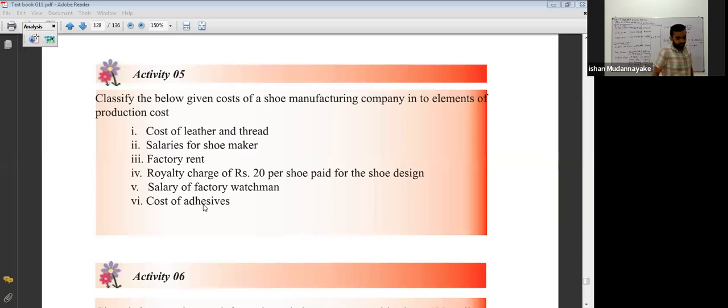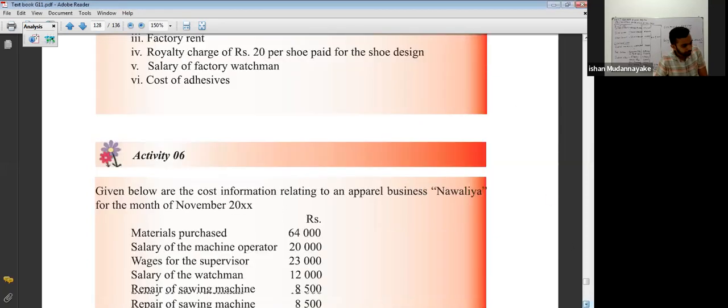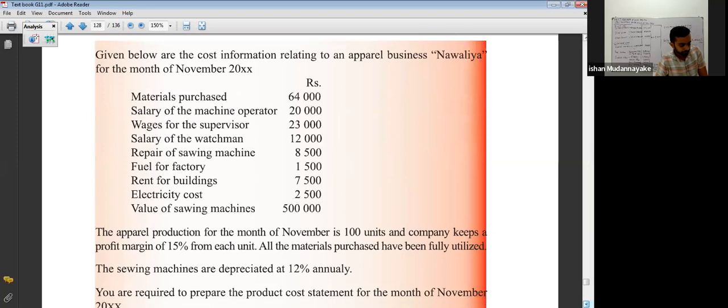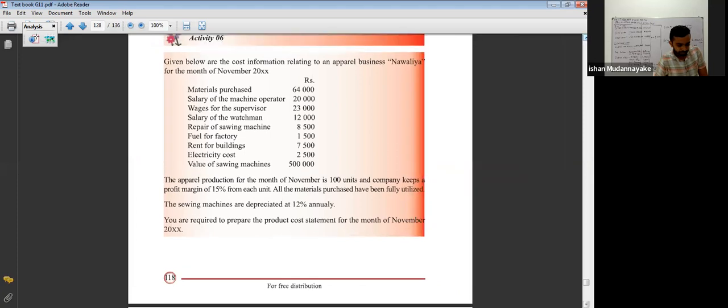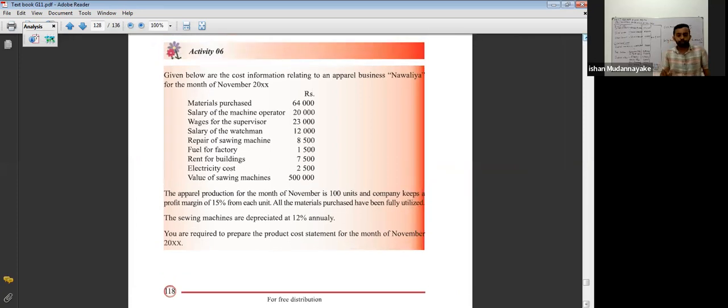Then I will give you 10 minutes. Try to complete activity 6 within 10 minutes. You need to focus on the period, the month of November.